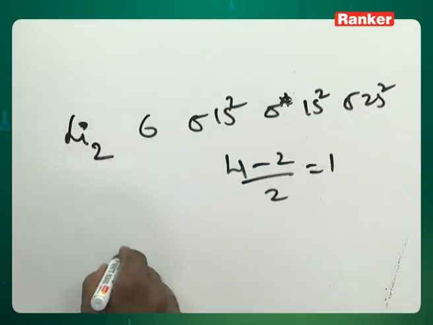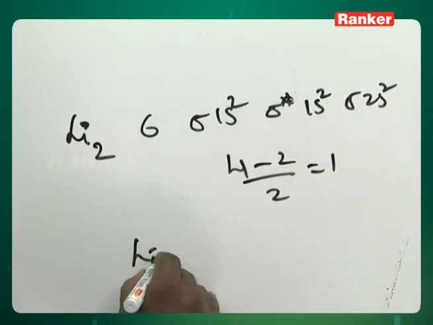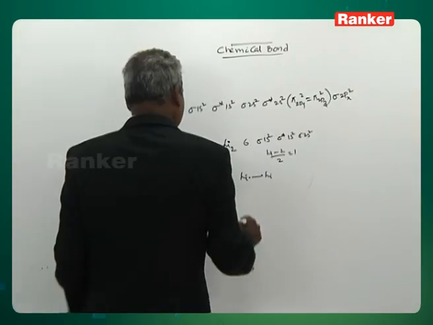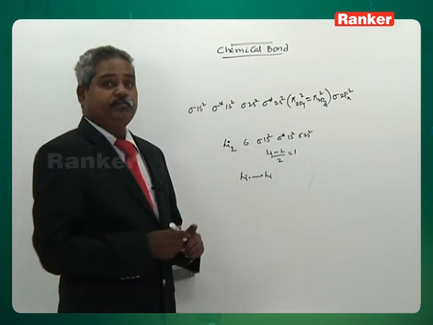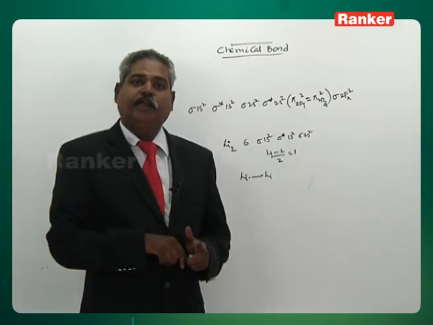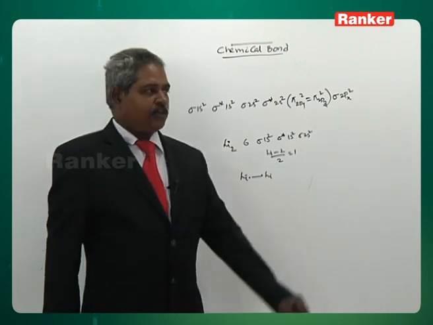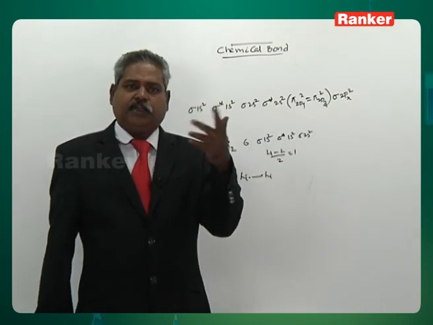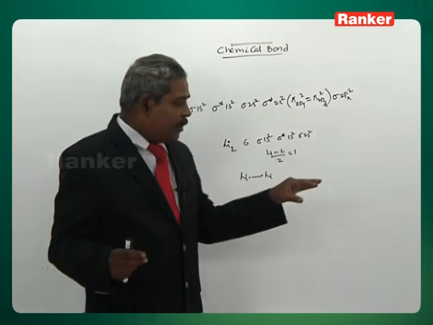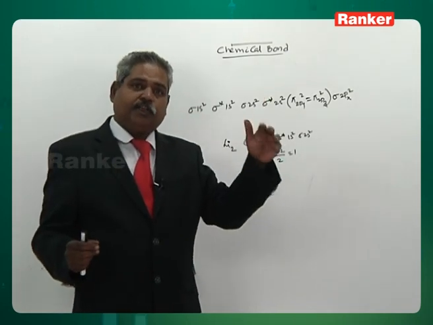So Li2 exists means one Li has 1 unpaired electron and another Li has 1 unpaired electron. Assuming 2 lithium atoms meet in gaseous state, they definitely form a diatomic molecule Li2. By chance, there are only 2 lithium atoms, nothing else in this world. If lithium meets chlorine, that's a different matter.